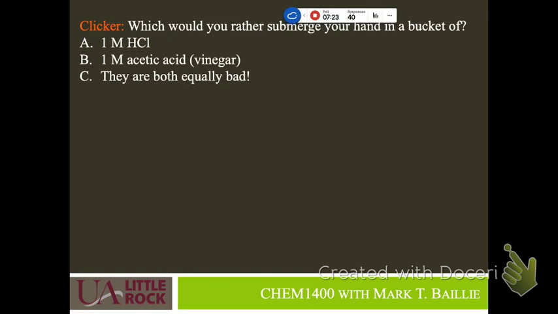Because hydrochloric acid can burn your hand, and vinegar's okay. That's why. So just logically in our everyday lives, we hear that 1 molar HCl is, where would you find HCl? Stomach acid, and in the lab, yeah. So our stomach acid is HCl, and we know that it can exist without burning things like our stomach lining, although it kind of reproduces itself all the time.